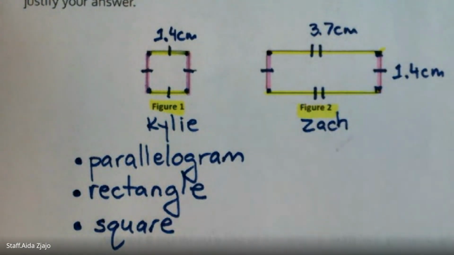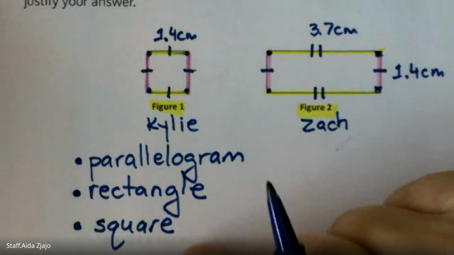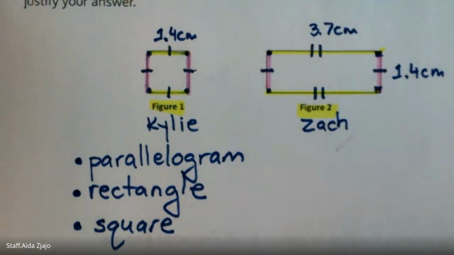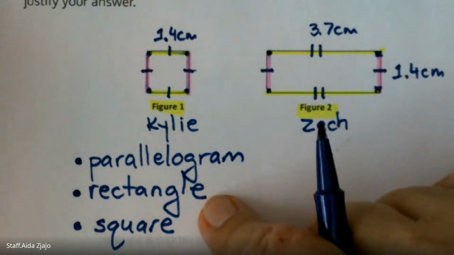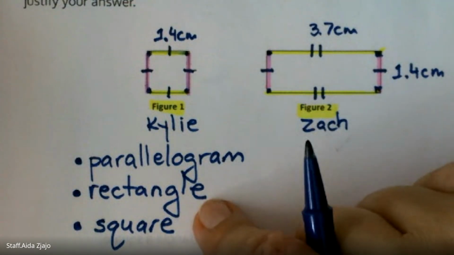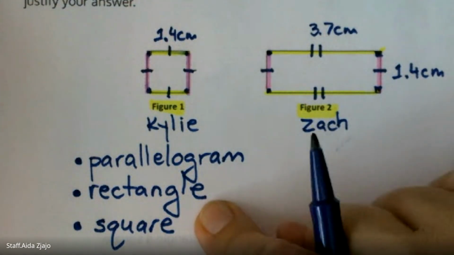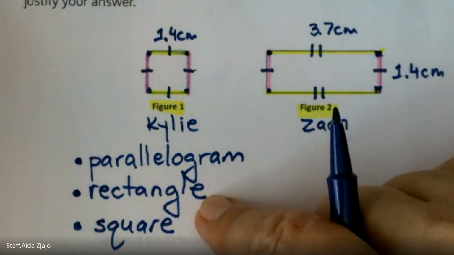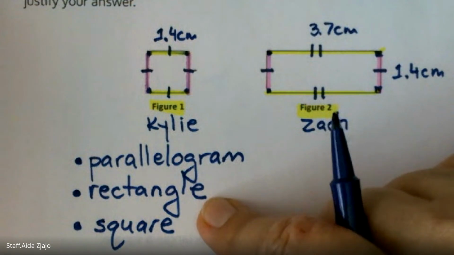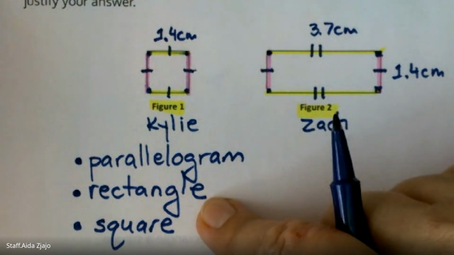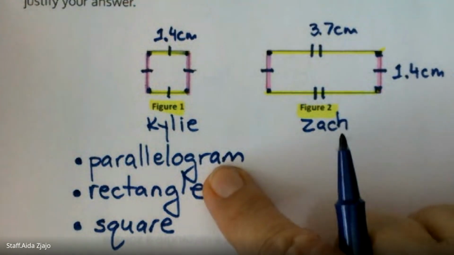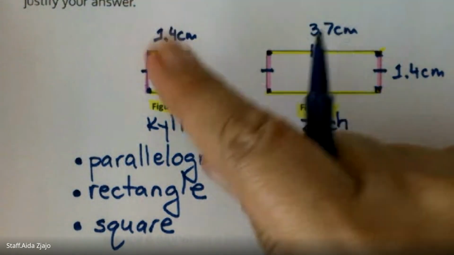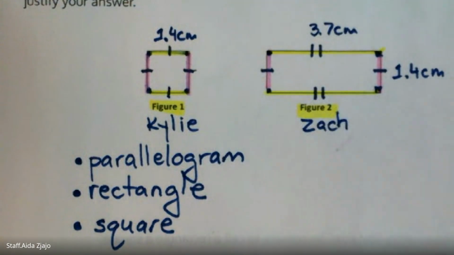A square has four sides congruent and four angles congruent, and that is what makes it a square. A rectangle has to have opposite sides the same, or congruent, and four right angles. A parallelogram has to have two pairs of parallel sides. This has two pairs of parallel sides.